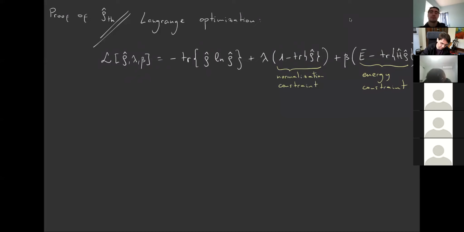So in particular, let me write it down. What we ask is, I will not write the dependence on lambda and beta all the time.